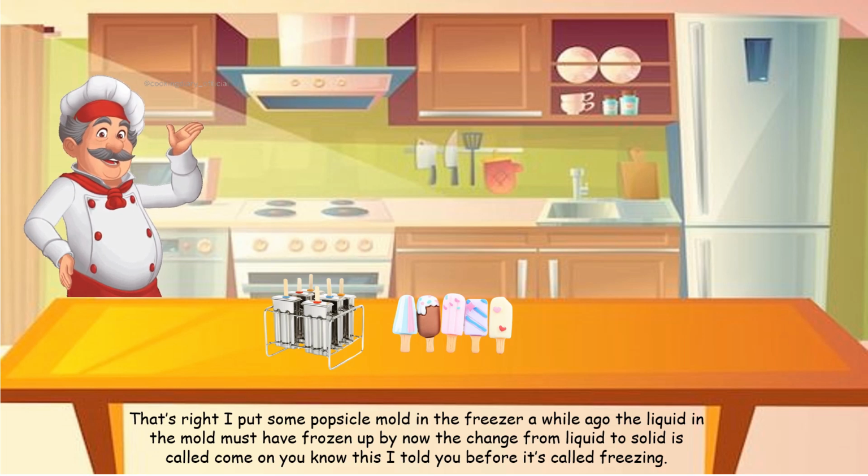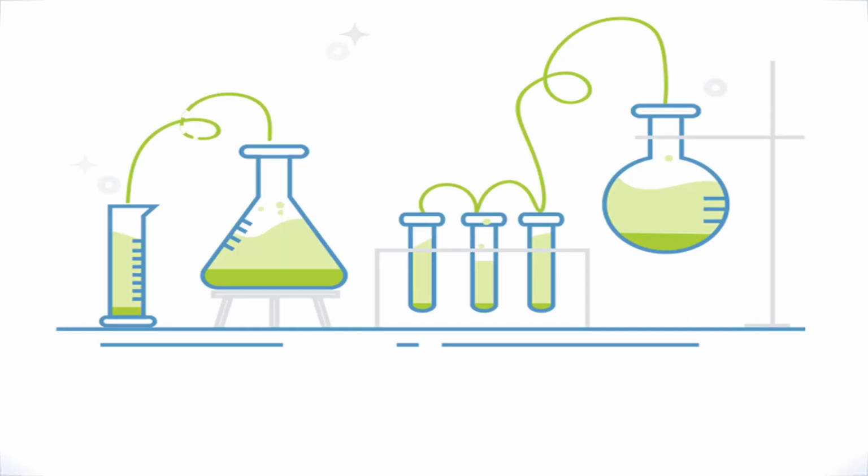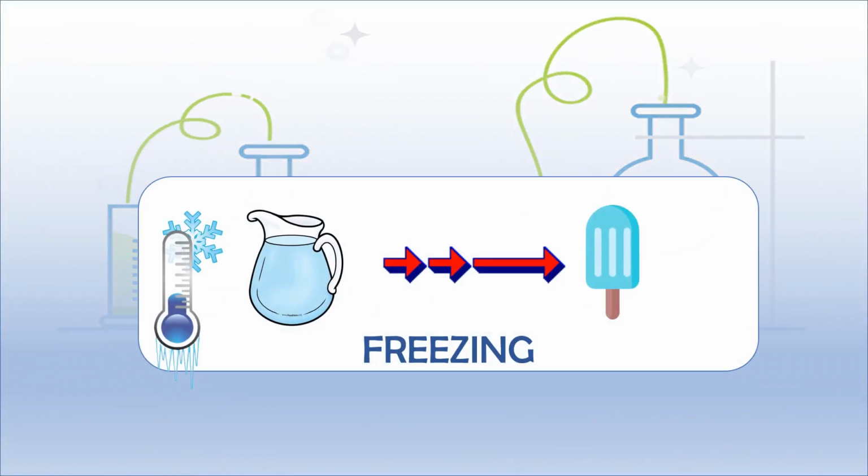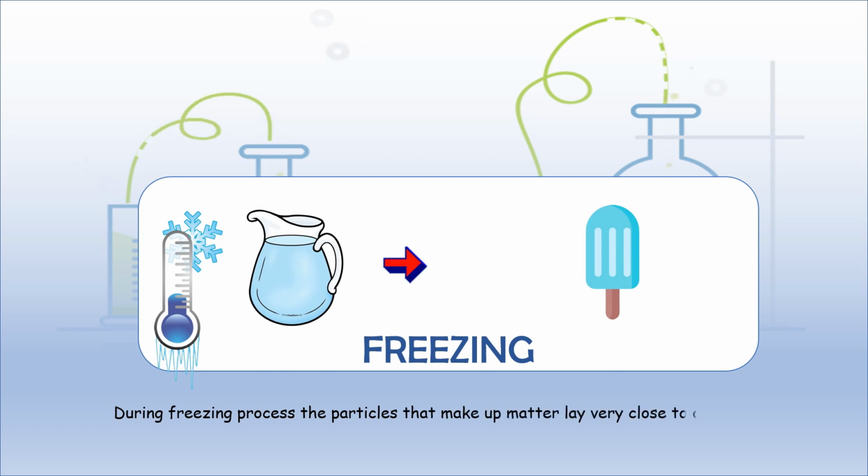The change from liquid to solid is called, come on, you know this, I told you before, it's called freezing. From liquid to solid, we call it freezing. During the freezing process, the particles that make up matter lie very close to one another and move less and less.